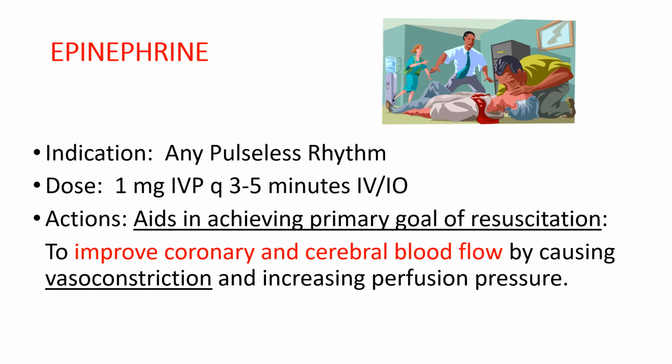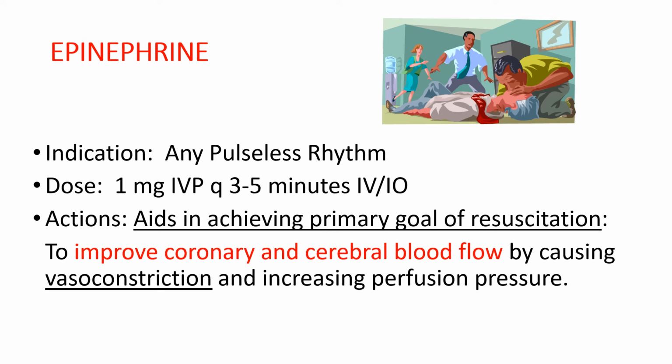So epinephrine is given for any pulseless rhythm, and its dose is 1 milligram IV push every 3 to 5 minutes, IV or IO. It's a sympathetic mimicking drug, so it increases heart rate, myocardial contractility, myocardial oxygen demand, and automaticity.